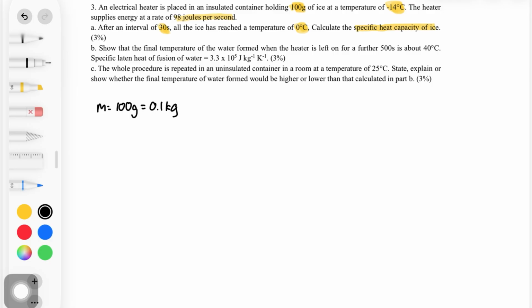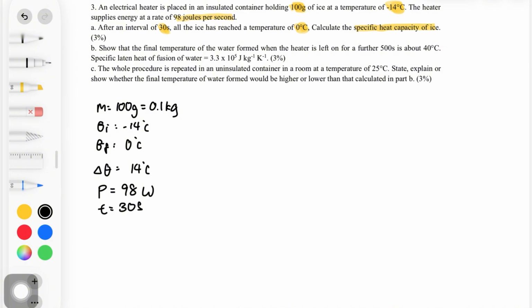The initial temperature is negative 14 degrees C, and the final temperature is 0 degrees Celsius, so the change in temperature is 14 degrees C. Next, the electrical heater supplies energy at a rate of 98 joules per second, which means the power is 98 watts. Joule per second means watts, and the interval of 30 seconds means the time is 30.